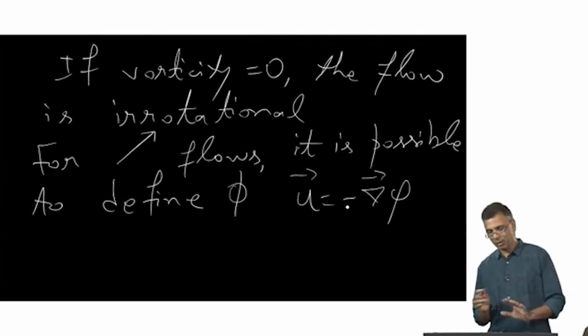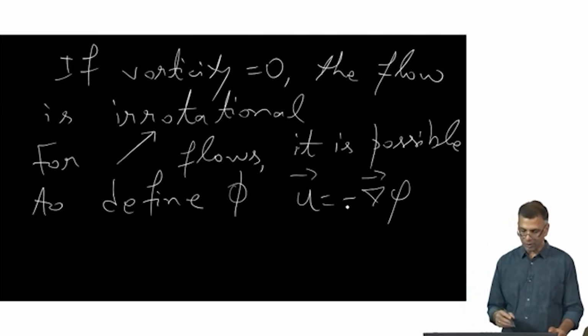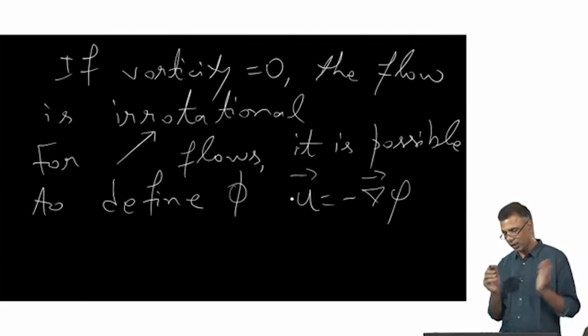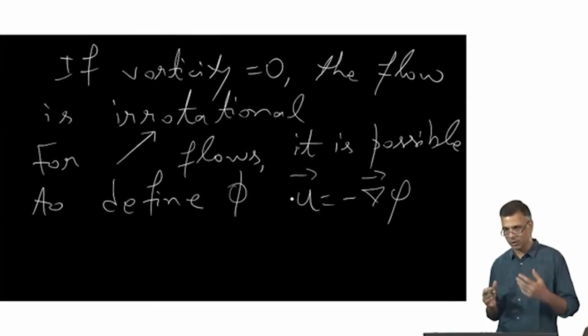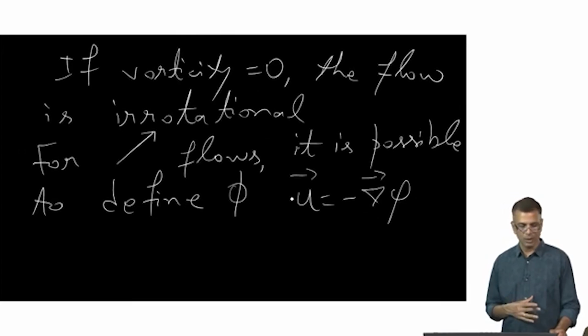Okay, and this is because the vorticity is essentially the curl of u, and the curl of any gradient is always 0. Especially the curl of a gradient of a scalar function is 0 by definition.